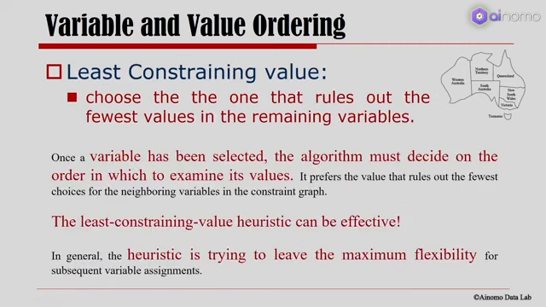But then once a variable is selected, the algorithm must decide on the order in which to examine the values of the variable. This is where the least constraining value heuristic comes into play. The least constraining value heuristic allows us to choose the value that rules out the fewest values in the remaining variables.